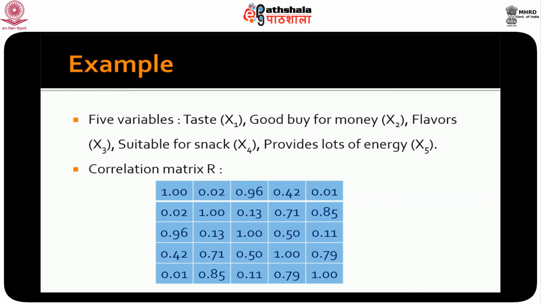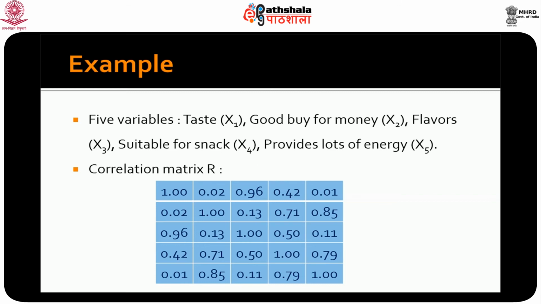So we have the attributes as taste, good buy for money, flavor, suitable for snack, and provides lots of energy, and you get this correlation matrix. You can see that some of the variables are quite highly correlated, which leads us to believe that there must be some common underlying factor among these variables. So we can try and do a factor analysis on this.